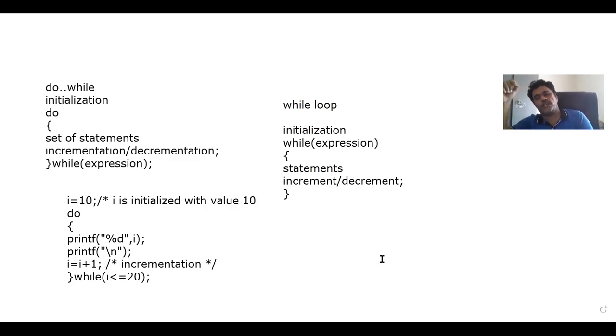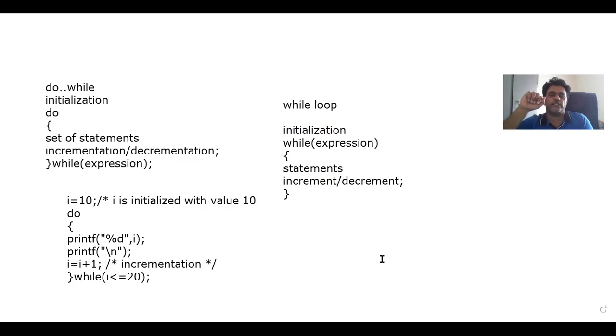Whereas in while, until the condition is satisfied, it doesn't enter the loop. So the execution time will be less in while as compared to the do while. Because in do while, first the execution will be performed, then the validation. In while, the validation will be performed, then the execution.